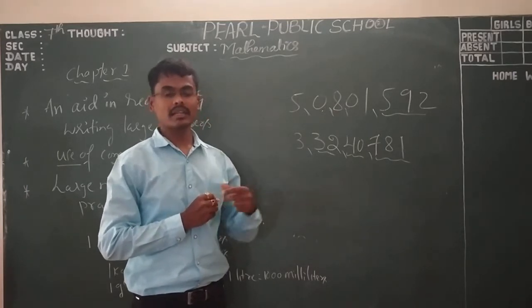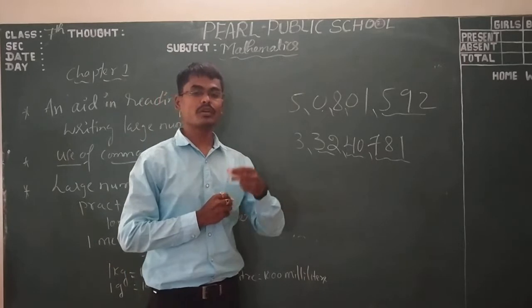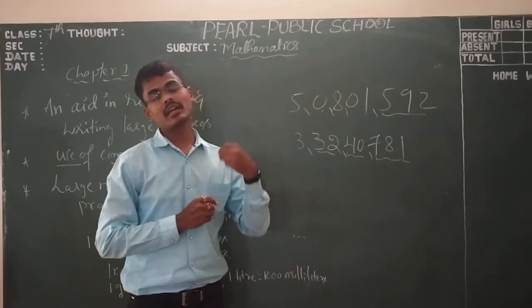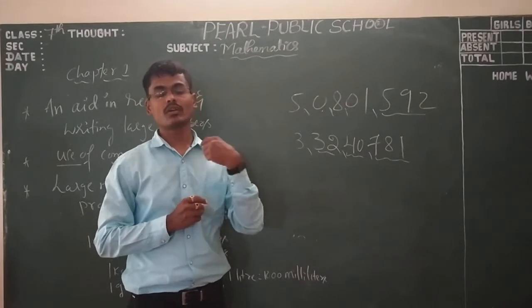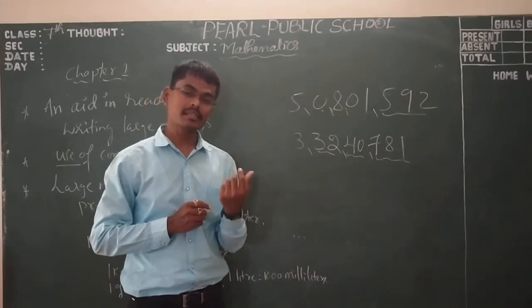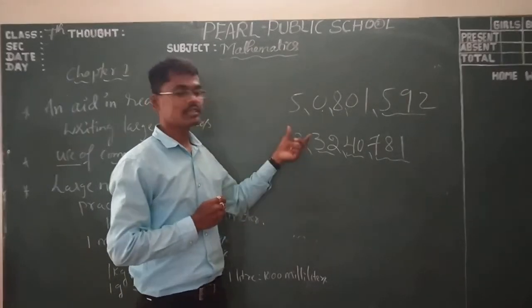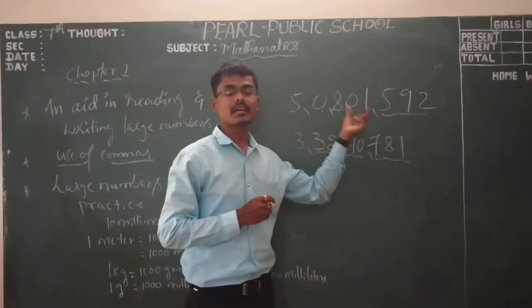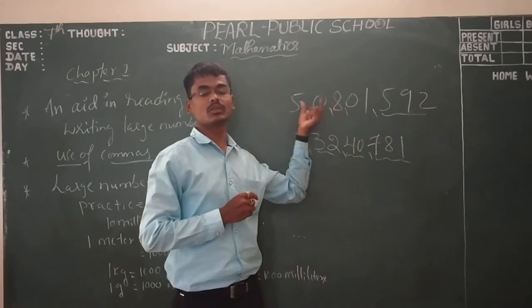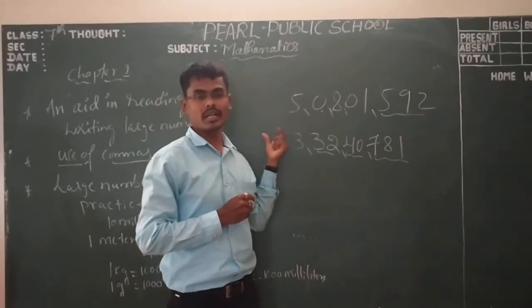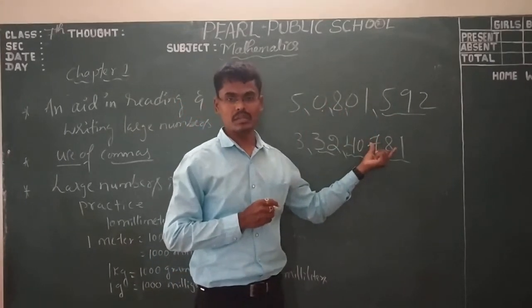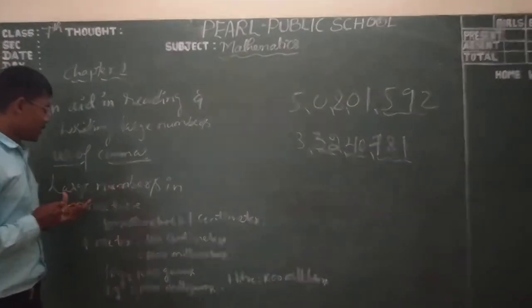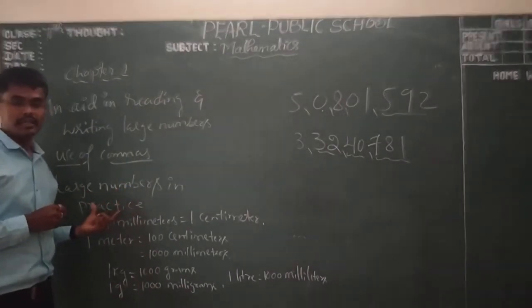Their writing and reading is somewhat different; they use terms like billion and million. This is about the use of commas. Just keep it in mind: for the first 3 digits followed by the remaining 2 digits, like that we read and write large numbers. Then after that, large numbers in practice.